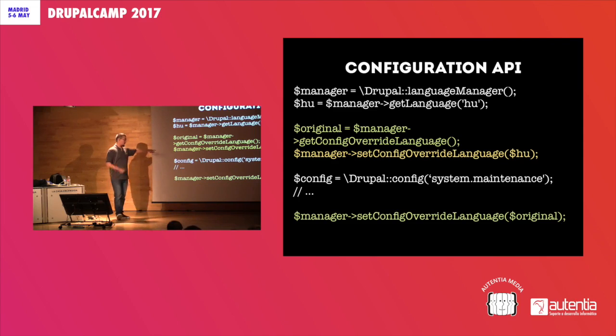And after doing that, any configuration you load will be in that language. So you can call Drupal config system.maintenance. This will give you the system maintenance object in Hungarian, no matter the language of the visitor. You can perform any operations on it. So maybe you are sending these emails we talked about before. And after you are done, you should set the config override to the original language you had.